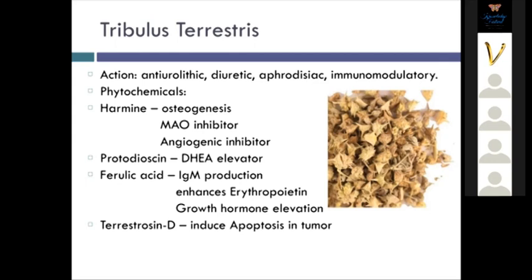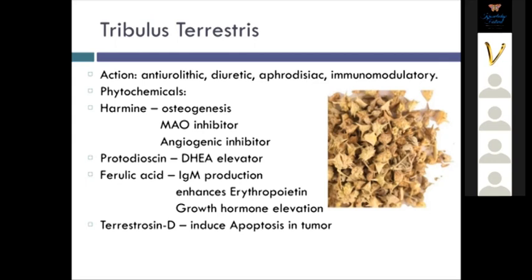So this angiogenic inhibitor of harmine helps to decrease the amount of vascular endothelial growth factor, or inhibit VEGF, which helps to increase the angiogenesis. So, reducing the level of VEGF reduces the process of angiogenesis, thereby acting as an angiogenic inhibitor. Okay, that's about it.